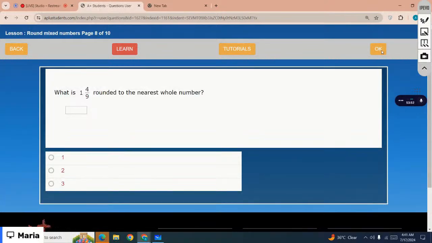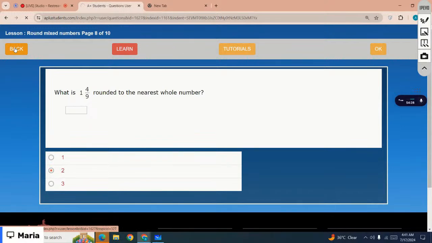What is 1 whole 4 over 19 rounded to the nearest whole number? That is rounded off to 2. Okay, you can complete the lesson by yourself later today.